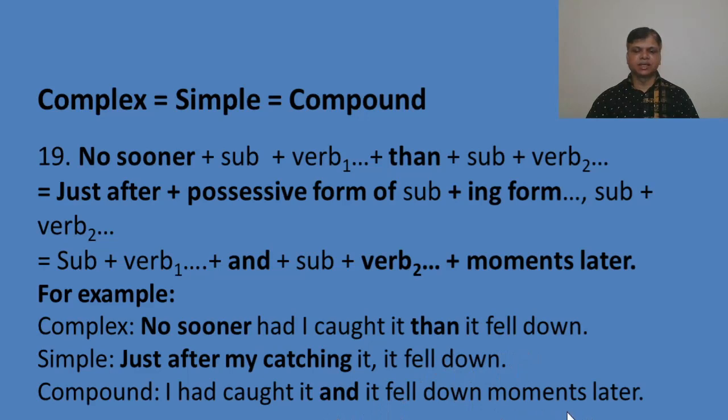And at the end of the second clause, we have to use moments later. So complex sentence: no sooner had I caught it than it fell down. Simple will be: just after my catching it, it fell down. Compound will be: I had caught it and it fell down moments later.